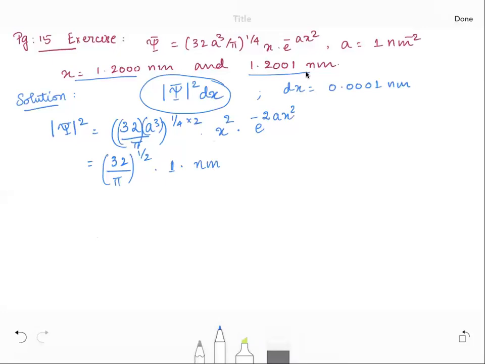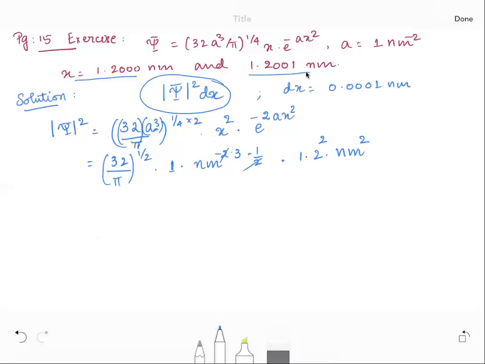We have a unit of nanometer to the power -2. That will be, we have a cube here, so times 3 times, this gives us a half, times, we're going to take x to be 1.2 nanometers.